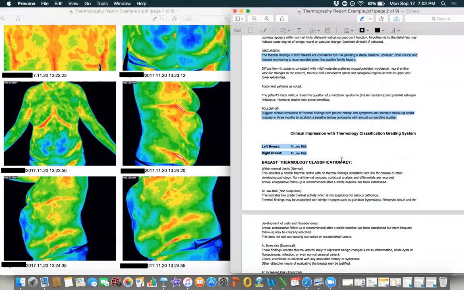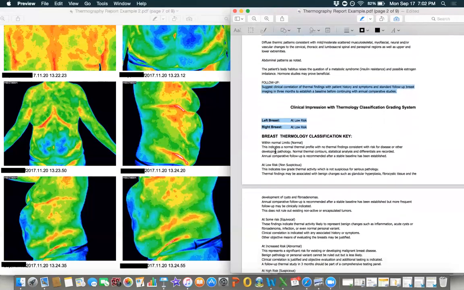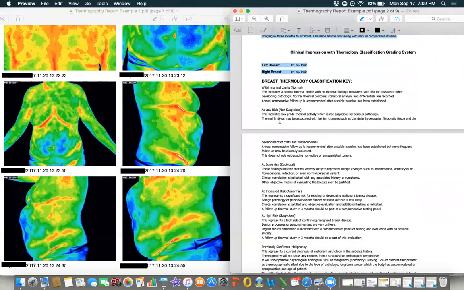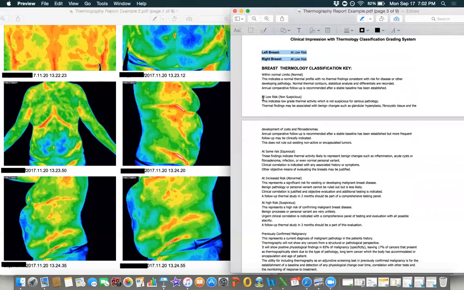And here is where the classification or the grade is listed. Each breast will have its own, and in this case, the grading is low risk for both left and right breast. There's a classification key here so a patient can read more about their grade.